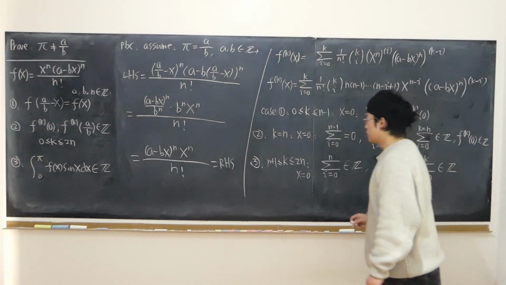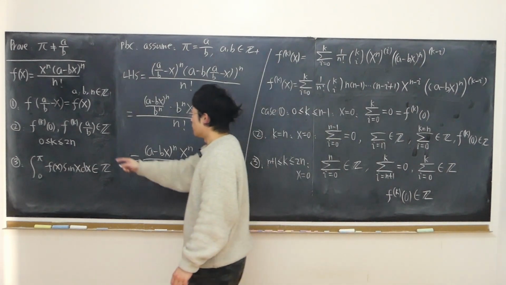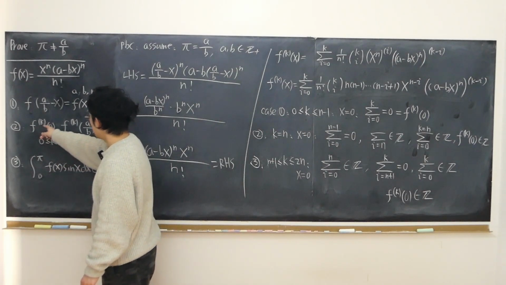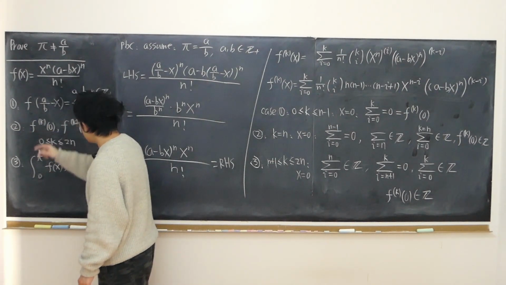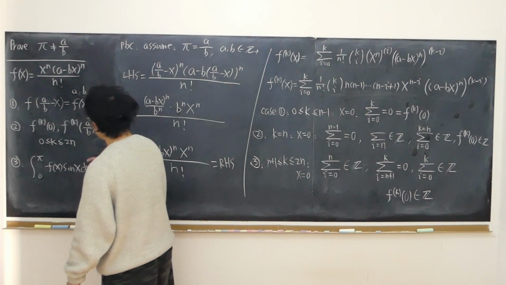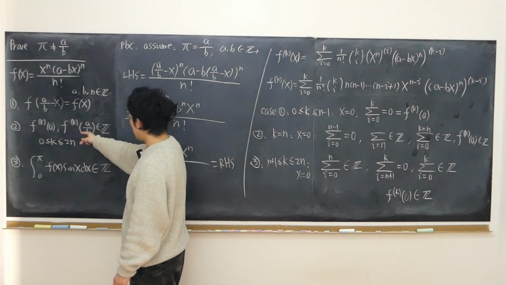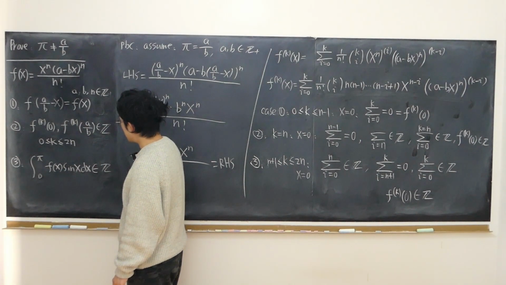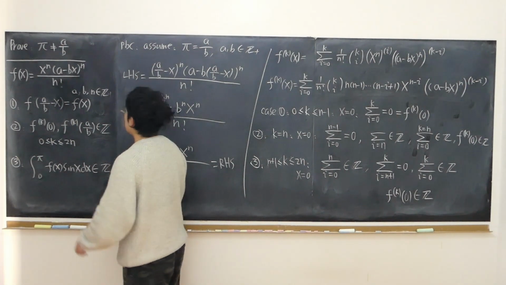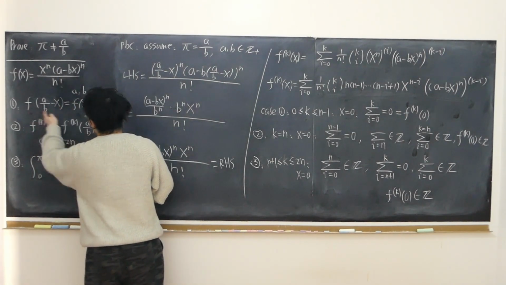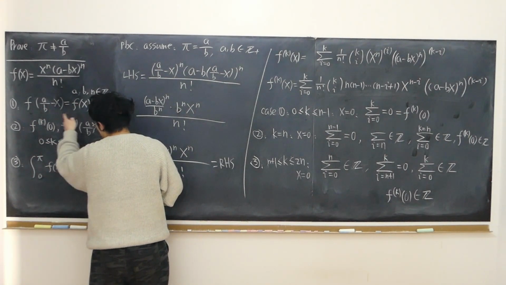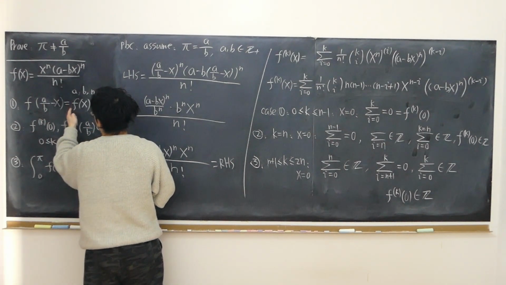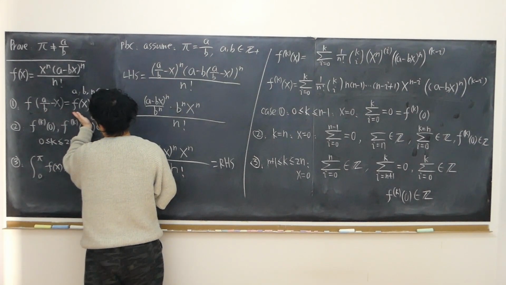So all in all, when k is in between 0 and 2n, the kth order derivative of f at 0 is indeed some integer. And how about when x is equal to a over b? Right? This is also an integer, because the first lemma tells us that if we take the kth order derivative on both sides, they should also equal each other.